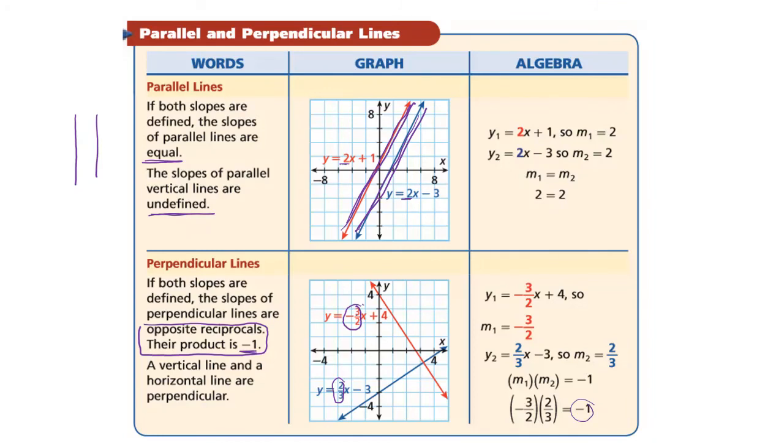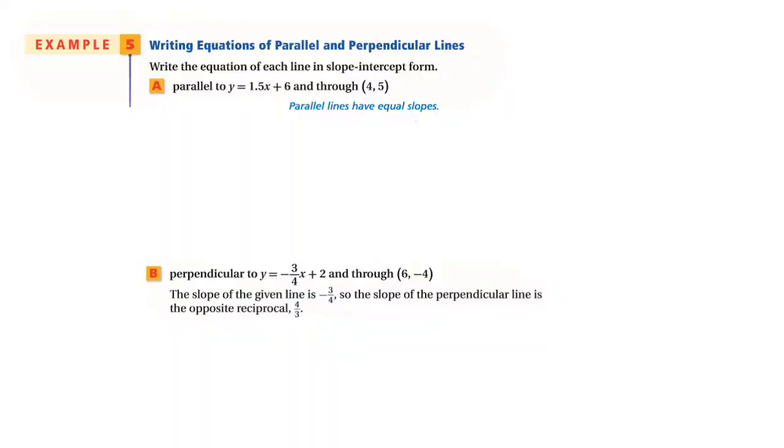All right, so let's do a problem with that. It says write the equation of each line in slope-intercept form, and we want it to be parallel to this other line here, 1.5x plus 6, and it's going to go through the point (0, 4.5). Remember, parallel lines have equal slopes, and this equation already tells us what our slope is.